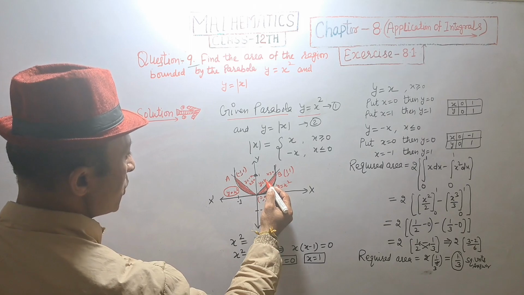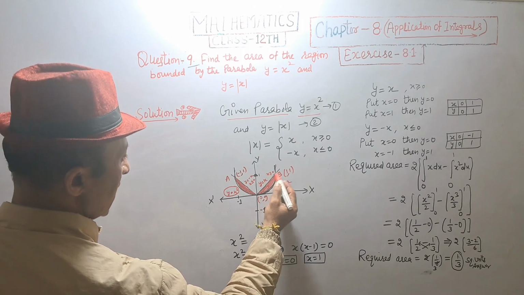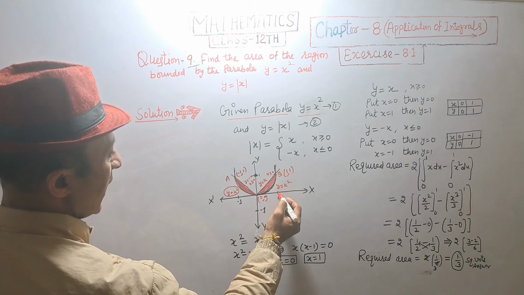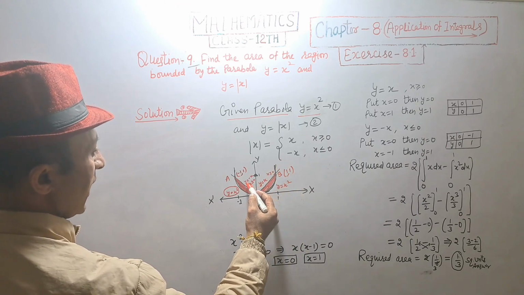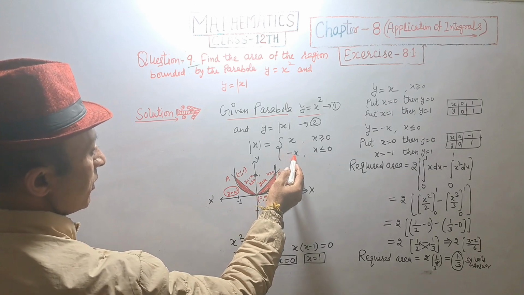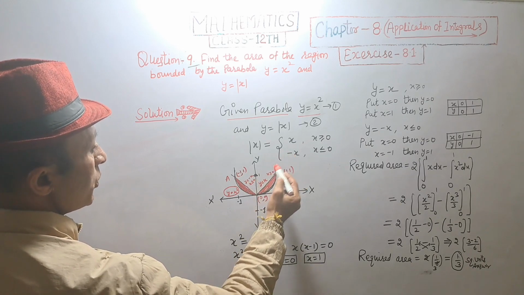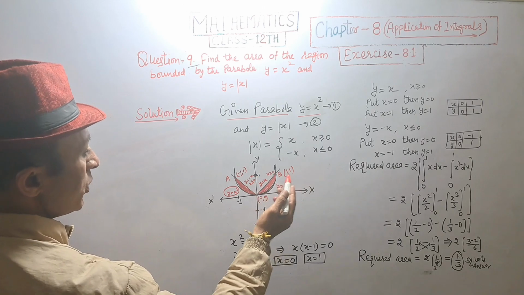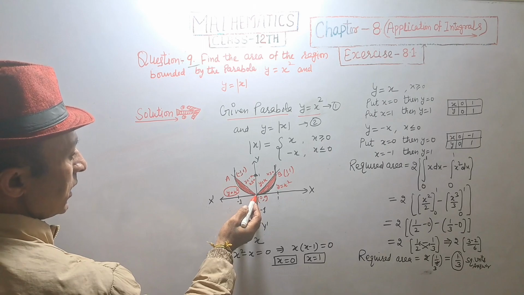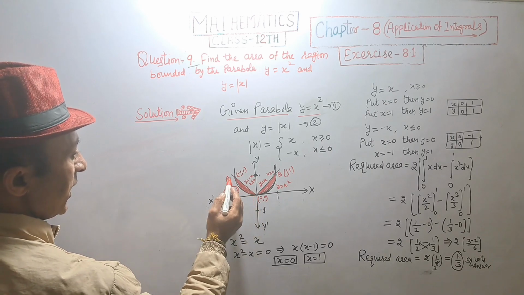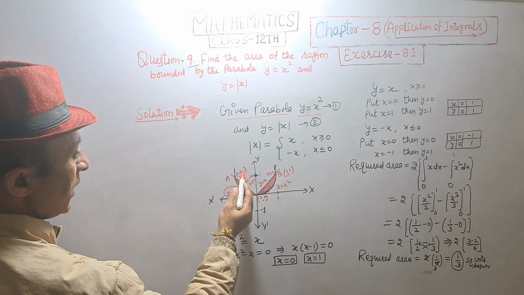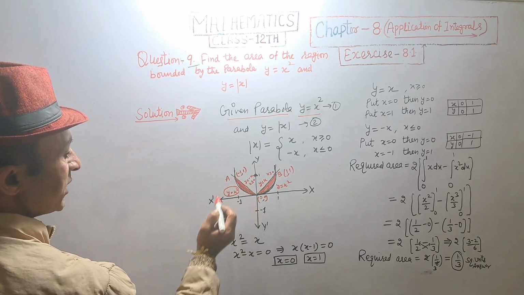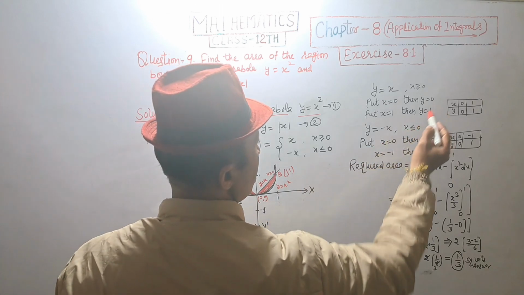When y is equal to x, positive x, x is greater than or equal to 0, then the point will be 1, 1. And when y is equal to minus x, x is less than or equal to 0, then point A is minus 1, 1, y is 1 and x is minus 1. We are finding the points here.